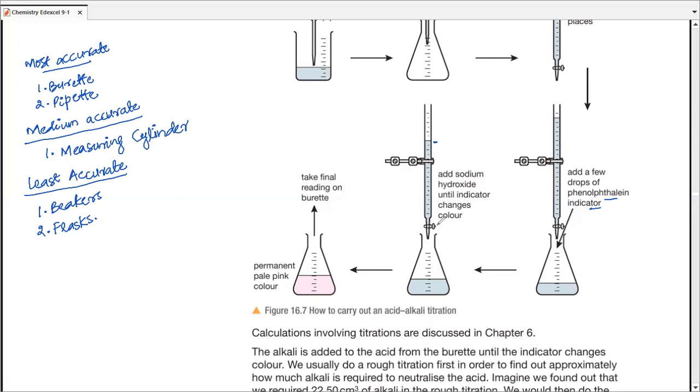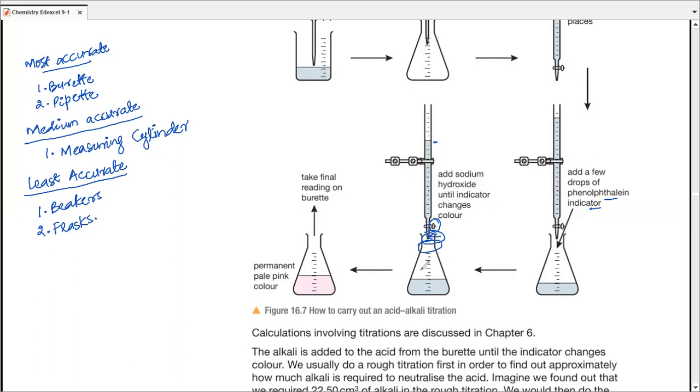If you're a right-handed person, I insist that you have your right hand on this tap so as to open and close the tap. You have your left hand over here so that you can keep shaking the flask, but make sure you don't shake it so that you break the mouth of the burette. They should not collide with one another because glass utensils can easily break. So let's be a little bit careful.